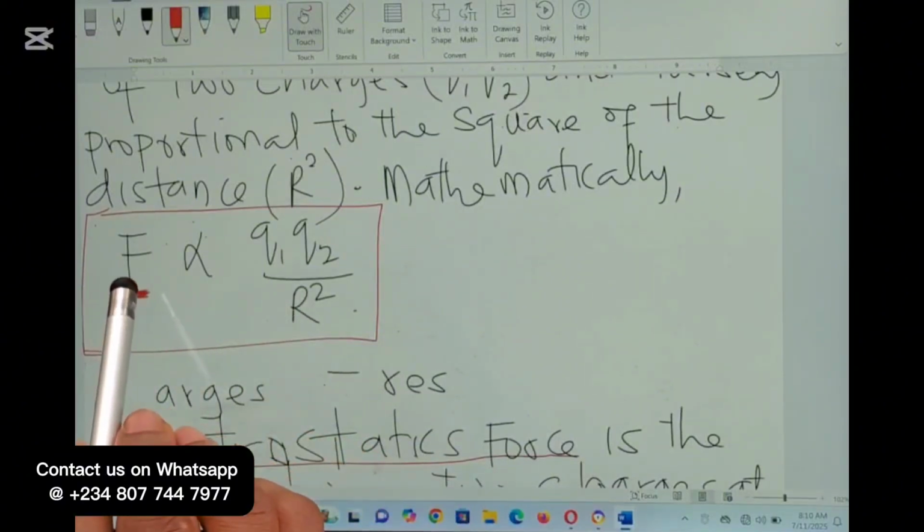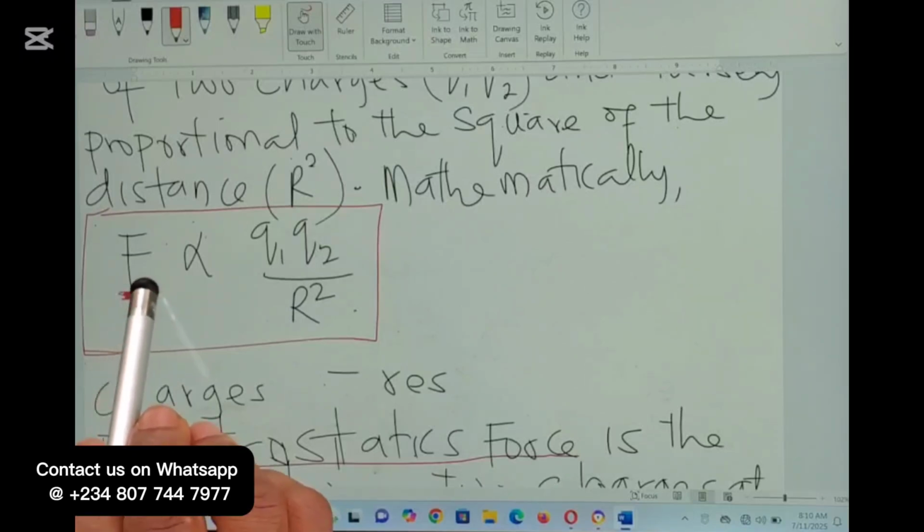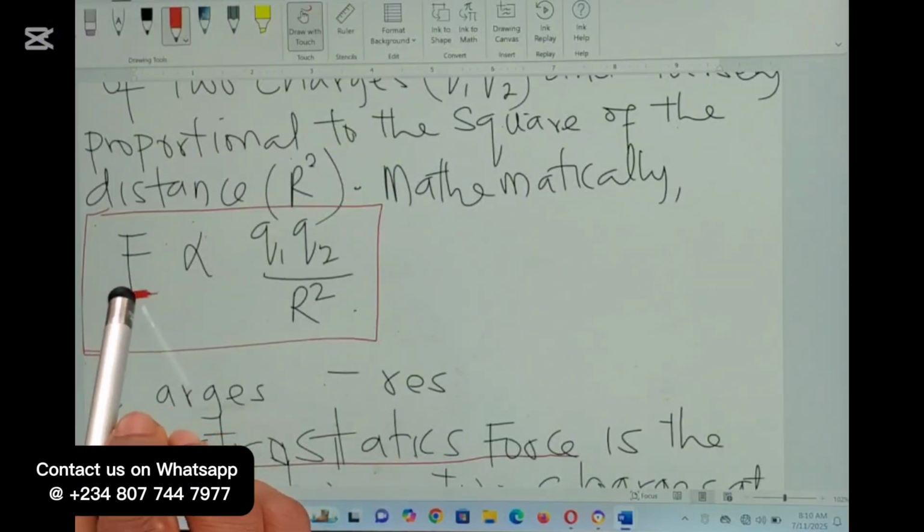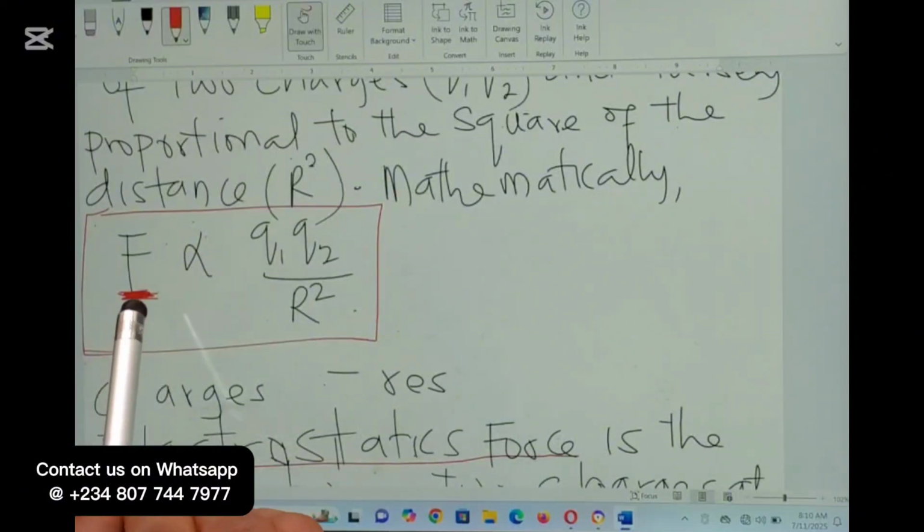The statement says the force of attraction or repulsion, that means this force can either be attractive or repulsive. We are going to know when this force is attractive and when it is repulsive.